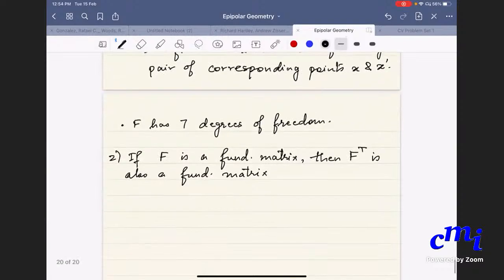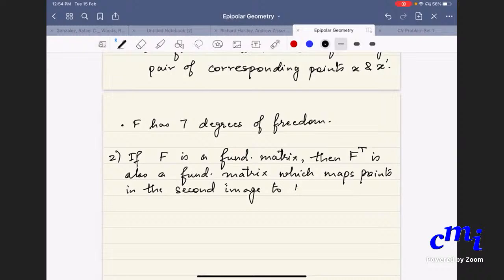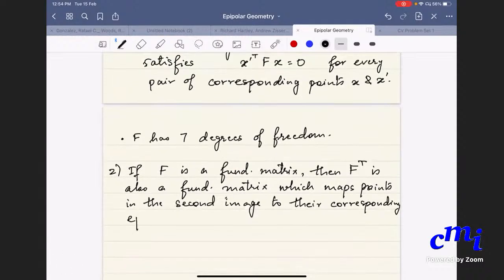F transpose is also a fundamental matrix which maps points in the second image to their corresponding epipolar lines in the first image.